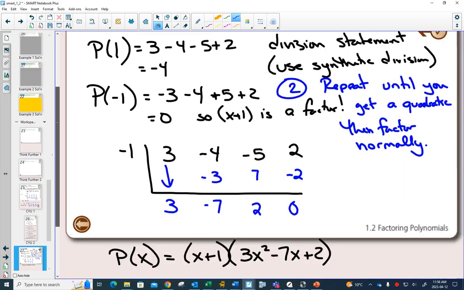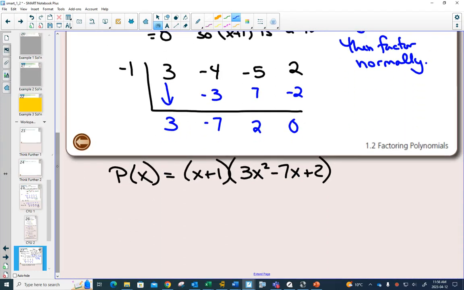So in our example here, we got a quadratic. So we don't need to repeat step 1. Now we can go to the quadratic and factor this normally.